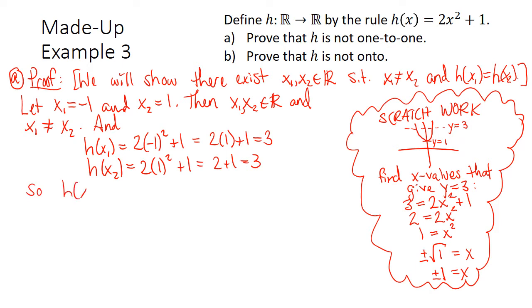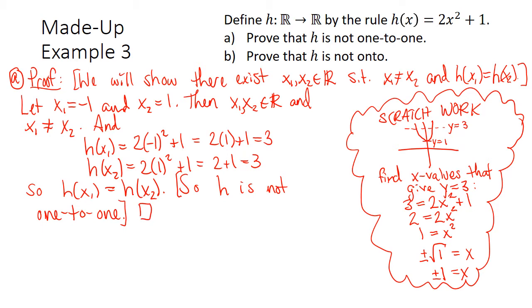So h of x1 does equal h of x2. So h is not 1-to-1. That's it.